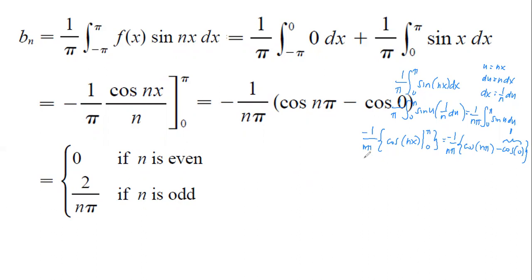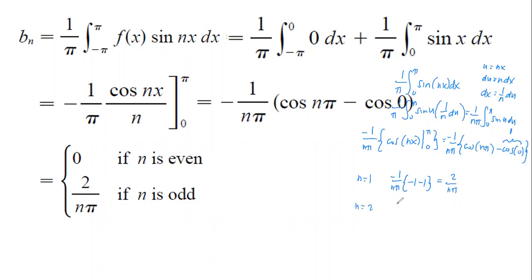So based on the result, if n is equal to 1, we have this value for b sub n: negative 1 over n pi, cosine pi is negative 1. So negative 1 minus 1 will give us negative 2. So positive 2 over n pi, no?